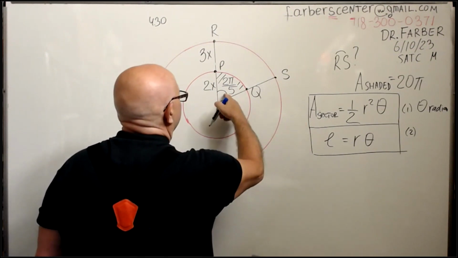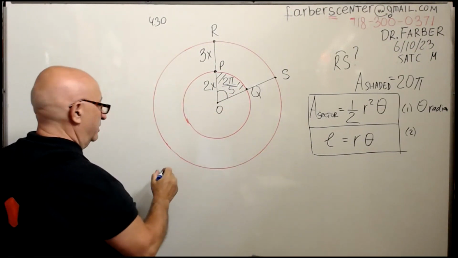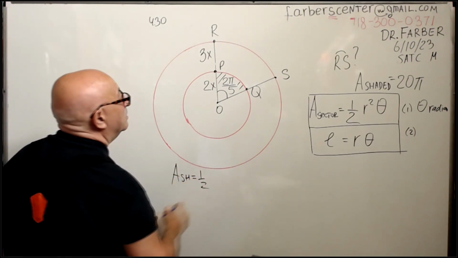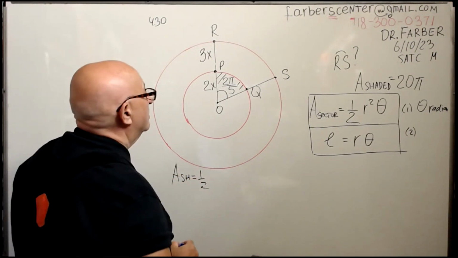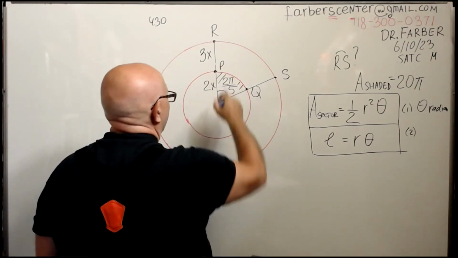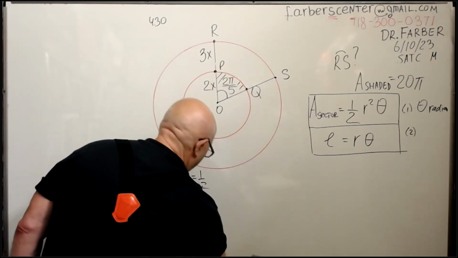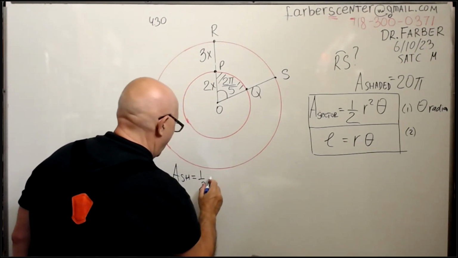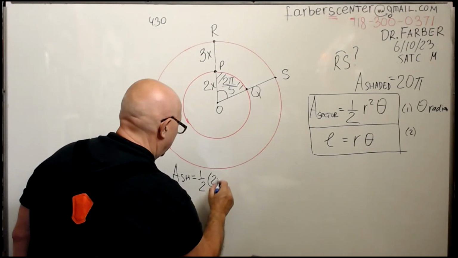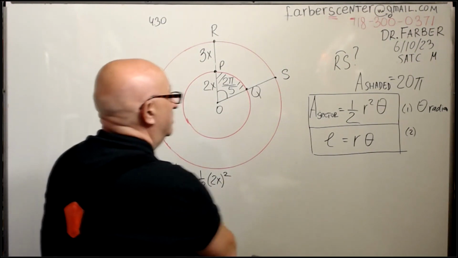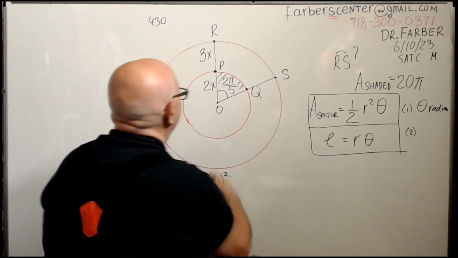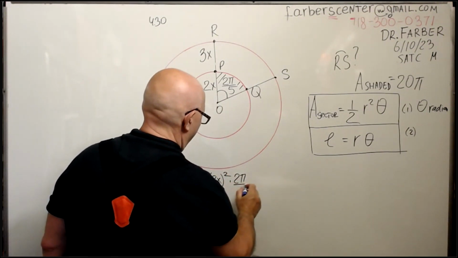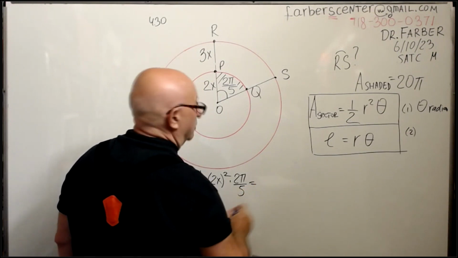So area of sector, area shaded, I will write here. Area shaded equals 1/2. Radius is 2x to the second, multiplied by 2 pi over 5. And this equals 20 pi.